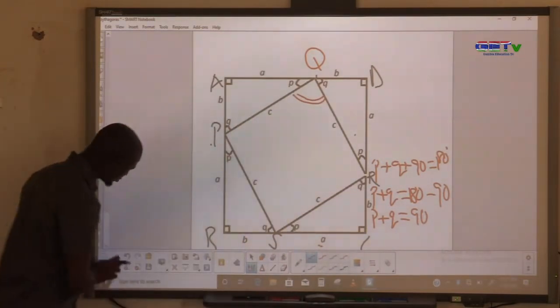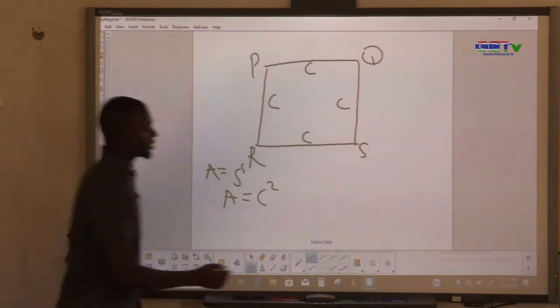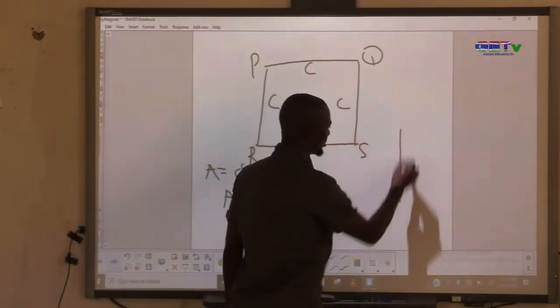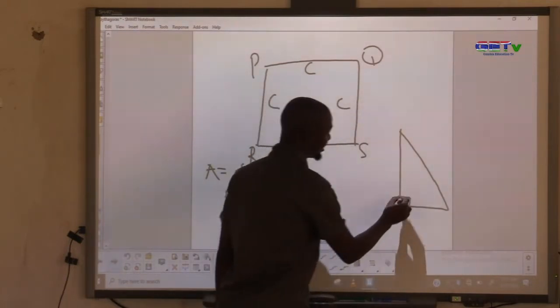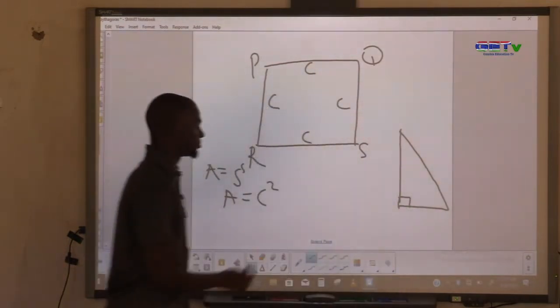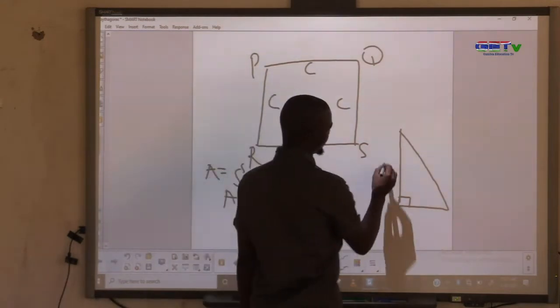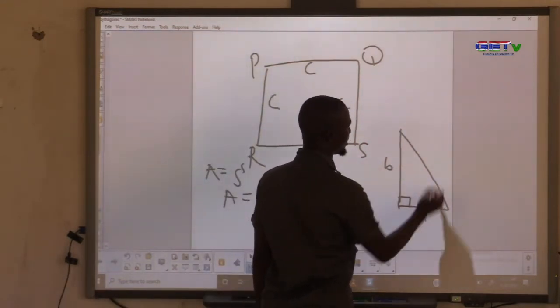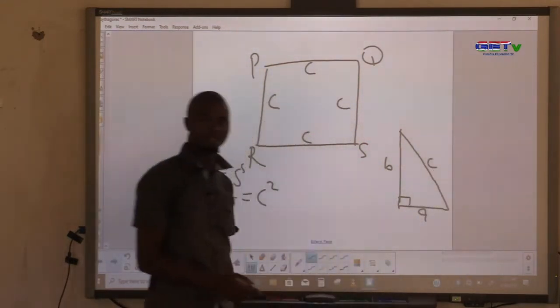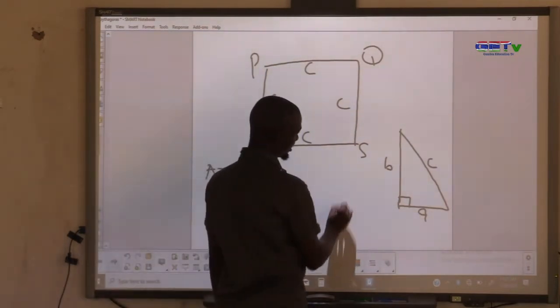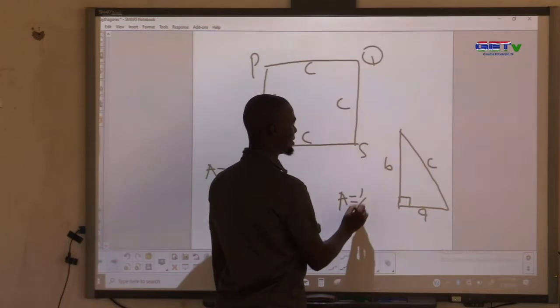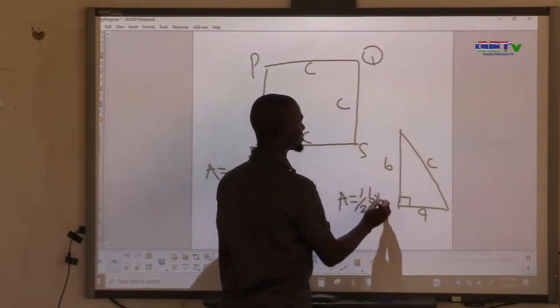Now if we take one of the right angle triangles, we find its area. This is B, A, and C. How do you find the area of a right angle triangle? Area of a triangle is half base times height.